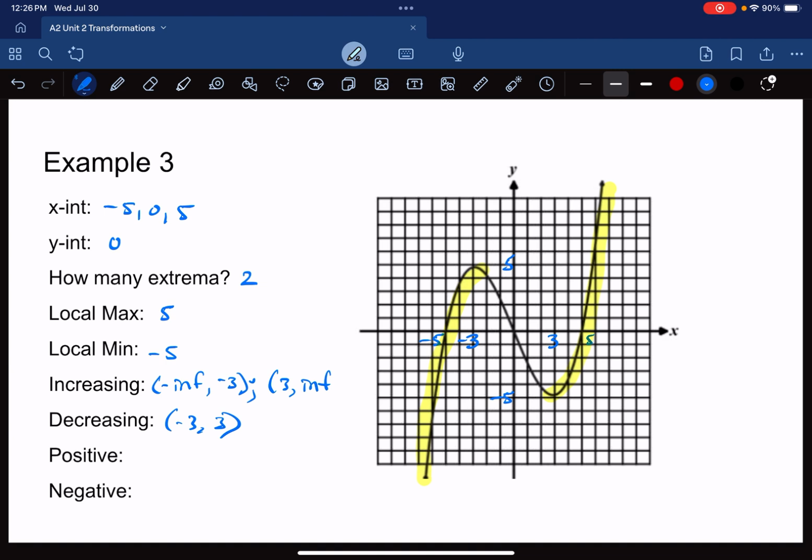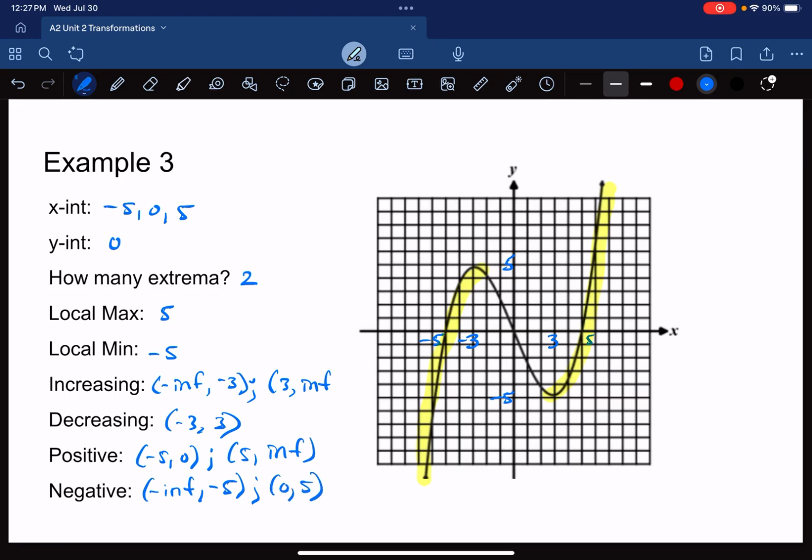Positive, -5 to 0, and 5 to infinity. And then negative is -infinity to -5, and then again from 0 to 5.